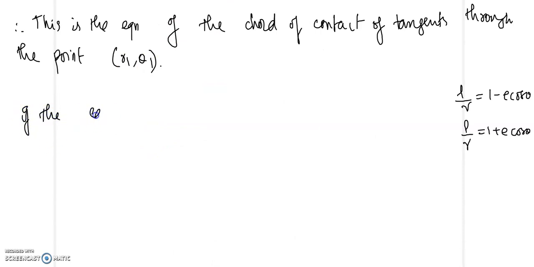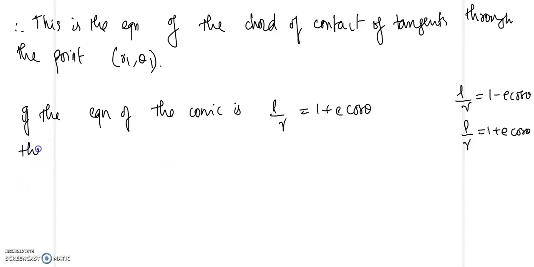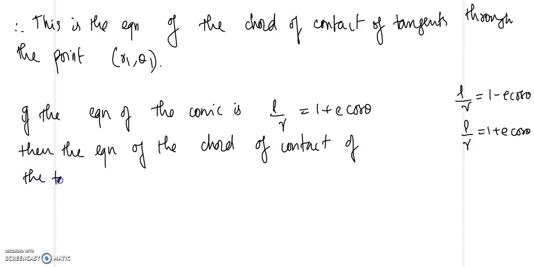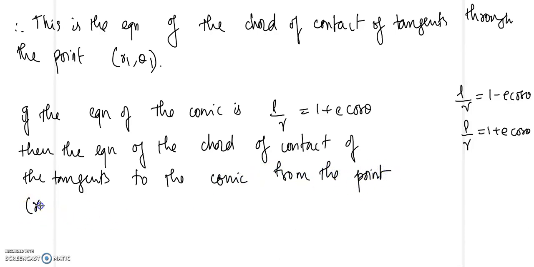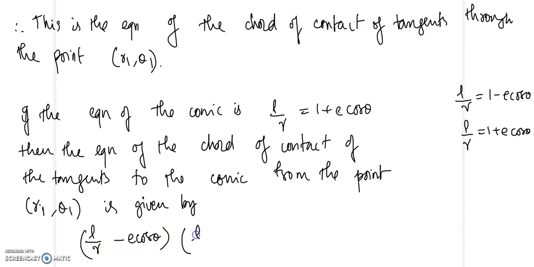So, if the equation of the conic is L by R equal to 1 plus E cos theta, then the equation of the chord of contact of the tangents to the conic from the point R1 theta 1 is given by, so that is going to be L by R minus E cos theta into L by R1 minus E cos theta 1, that will be equal to cos theta minus theta 1.